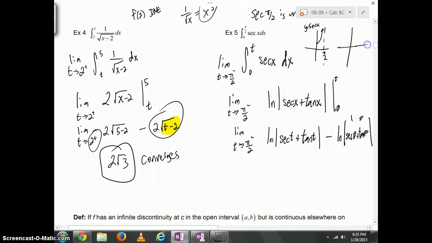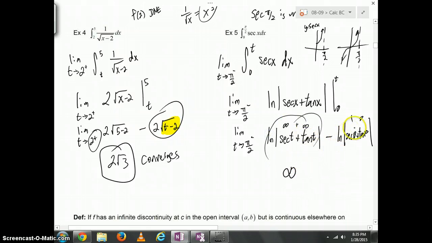Similarly for tangent, as you approach pi over 2 from the left, you'd be approaching positive infinity. Now, infinity plus infinity, there's no conflict here. You're just going to get an even larger size of infinity, so to speak. And the natural log of infinity itself is infinity. So this is infinity for this natural log component.